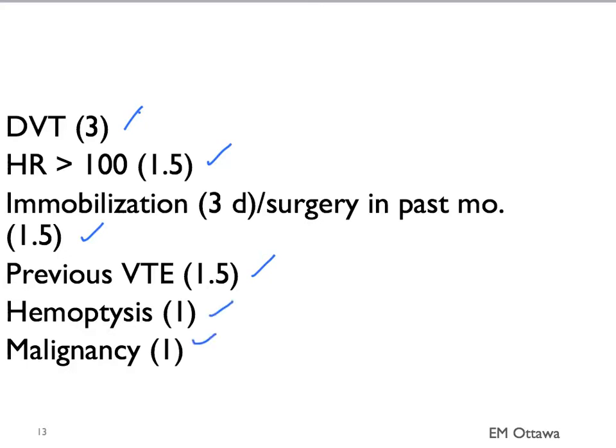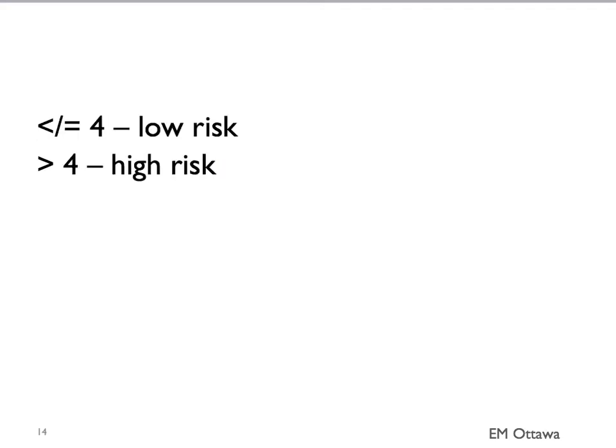Then we tally up the score. There are different ways to interpret the score, and here is one of them. In a patient with 4 or less in the total score, the patient is deemed low risk for a PE. If they have more than 4 on the Wells score, they are deemed high risk.